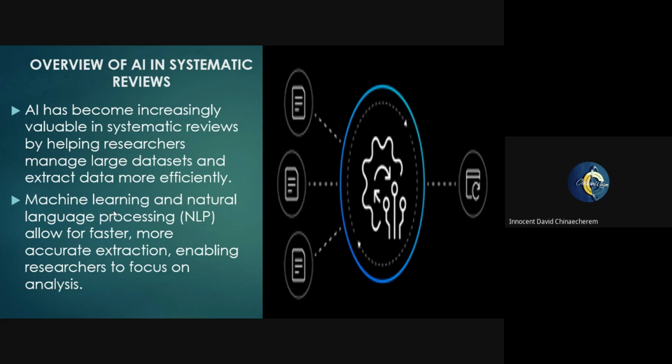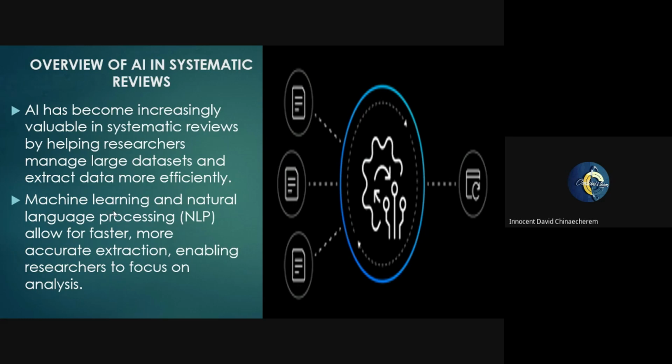And this in turn enables researchers to focus on analysis. So if you're performing any form of data extraction or you just started your systematic review, trust me, using supportive AI in extracting your studies is going to make it faster and more efficient.